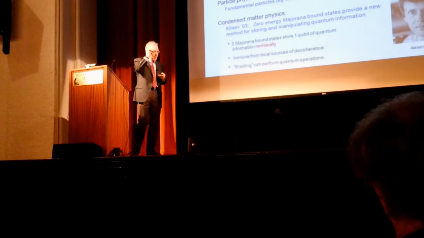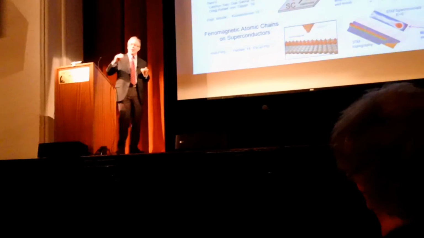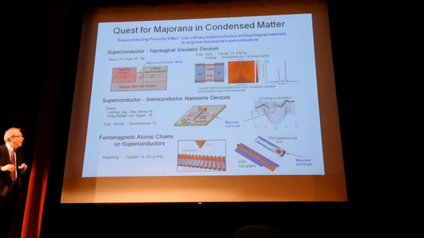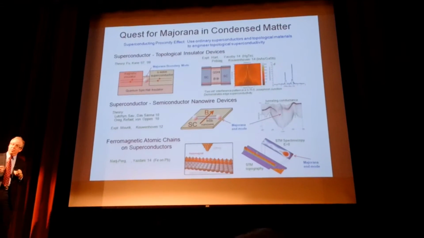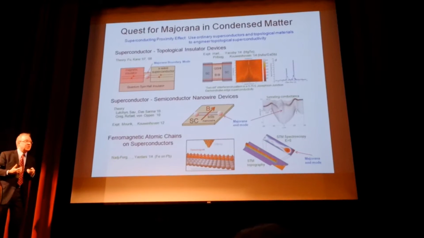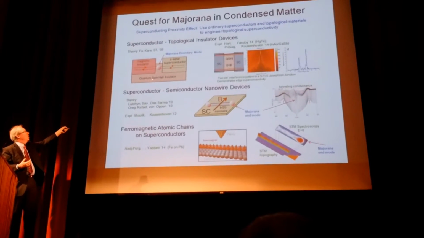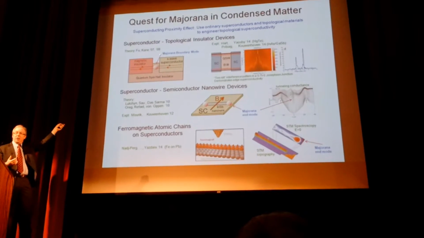There's a huge amount of effort going on, and there are several different ideas. I'm not going to go through this in any detail, but there are several different architectures that people have thought about for how you might realize these Majorana fermion bound states. So one idea, which is really the first idea that we had, was to combine a topological insulator with a superconductor.